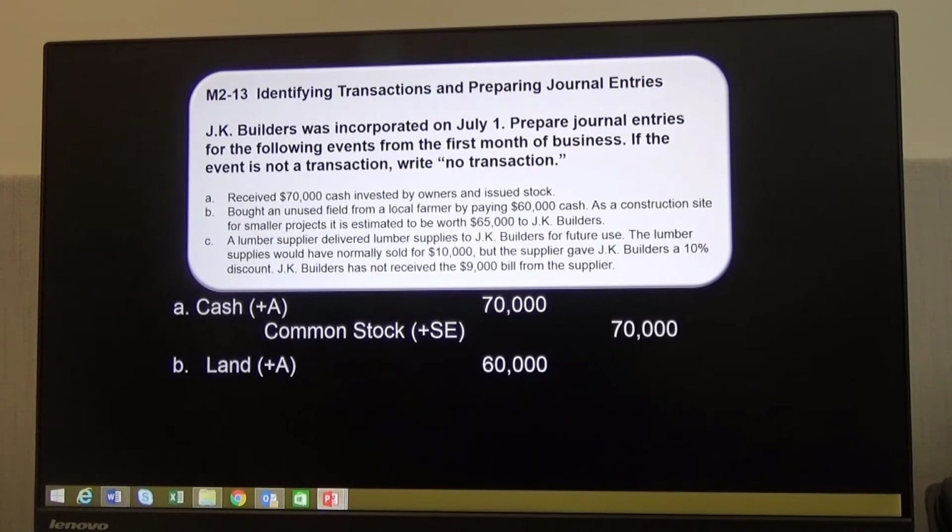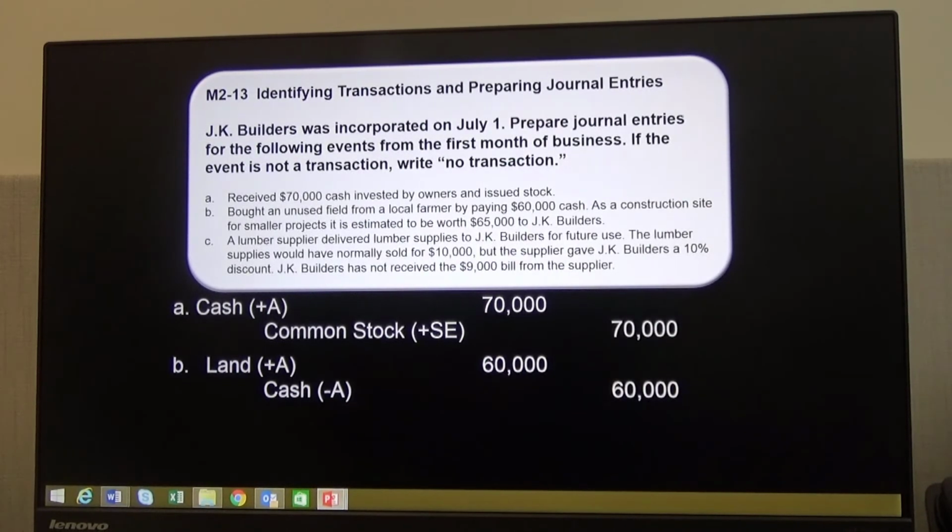So we would debit the land because land is an asset, a left side account, and we give it a left side entry. And we gave up cash. Cash is also an asset, but now we're decreasing it, so we're going to credit the cash for the $60,000. We just ignore the $65,000 worth because that's not what we paid for it.